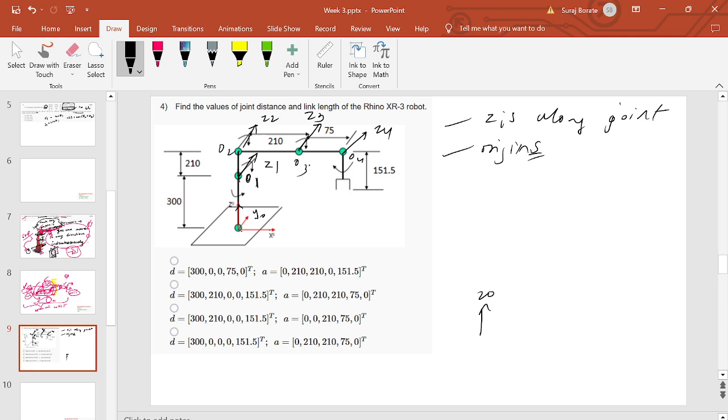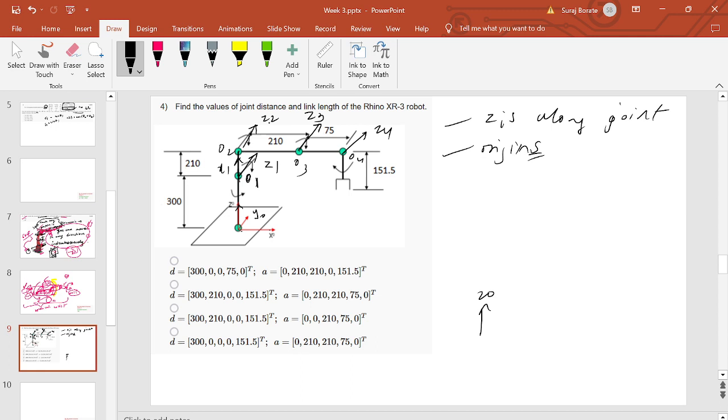Fine. Then again, we go to the next rule. We want to figure out how to write X1. X1 will be perpendicular to both Z1 and Z2, so it will be along the common normal, from O1 along the common normal. So this will be X1. Now again, O2 is here.